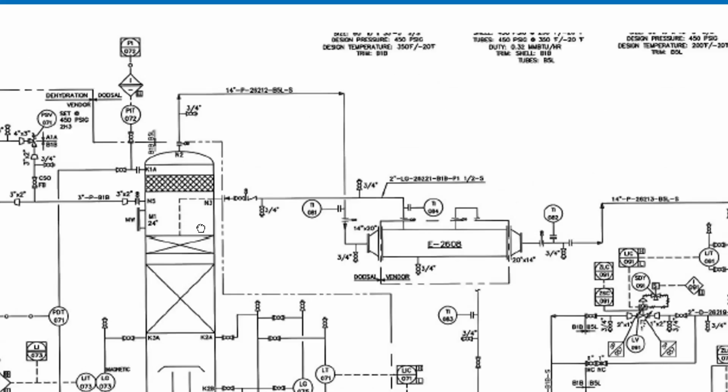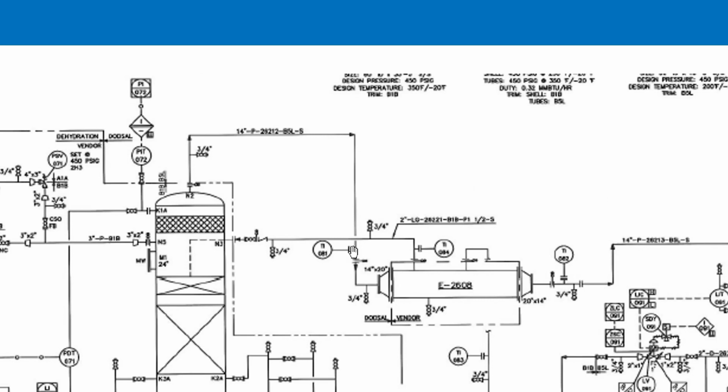The discharge gas is leaving from here and cooling in the heat exchanger, where amine is entering the shell side, and gas is releasing to the tube side, and it is going to the outlet knockout drum. That is the outlet knockout drum.